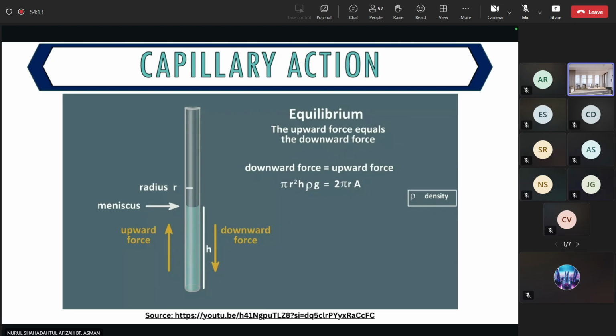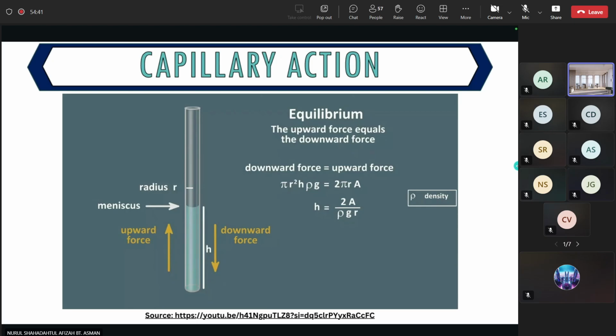Both the upward and downward forces increase with increasing radius of the tube. But as the tube gets bigger, the downward force increases with the square of r, whereas the upward force increases as r to the first power. So as the tube gets bigger, the weight of the water in the column exceeds the upward force. If we solve for the height, we get h equals 2A over rho g r.